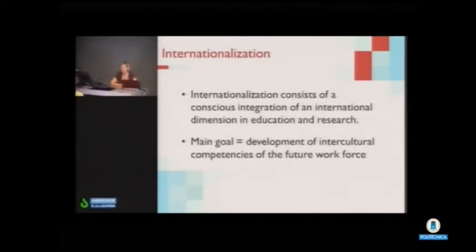One of the main goals of internationalization, and why it is so important, is that students today need to develop intercultural competencies to be able to function in their professional life and in the world in the future. So the main goal of internationalization is the development of intercultural competencies of the future workforce.